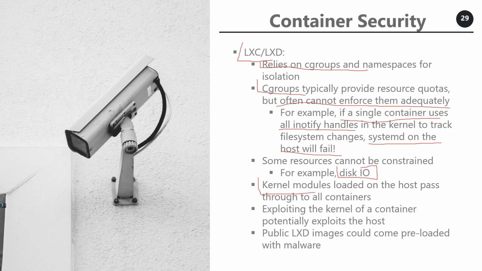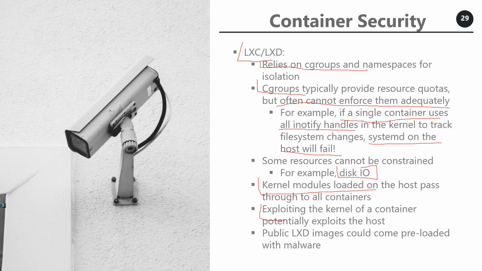Kernel modules loaded on the host pass through to all the containers. So if there is a problem, remember it has to go through all the layers, right? Exploiting the kernel of a container potentially exploits the host.